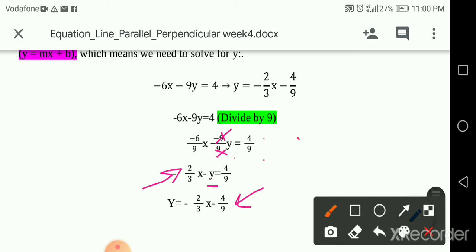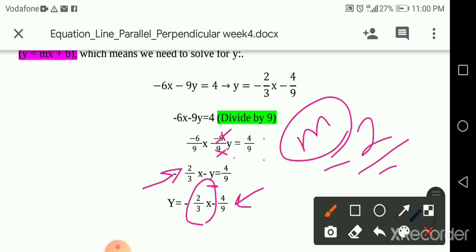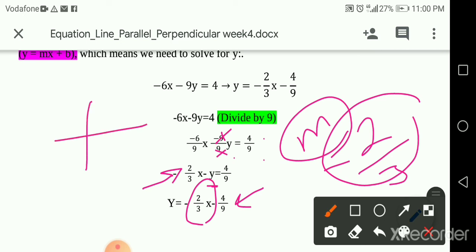Who can tell me now, what's the slope m? Negative 2/3. This is the slope m. What's the step after this? I want to know the slope of a line perpendicular to this line, the second slope of the second line.